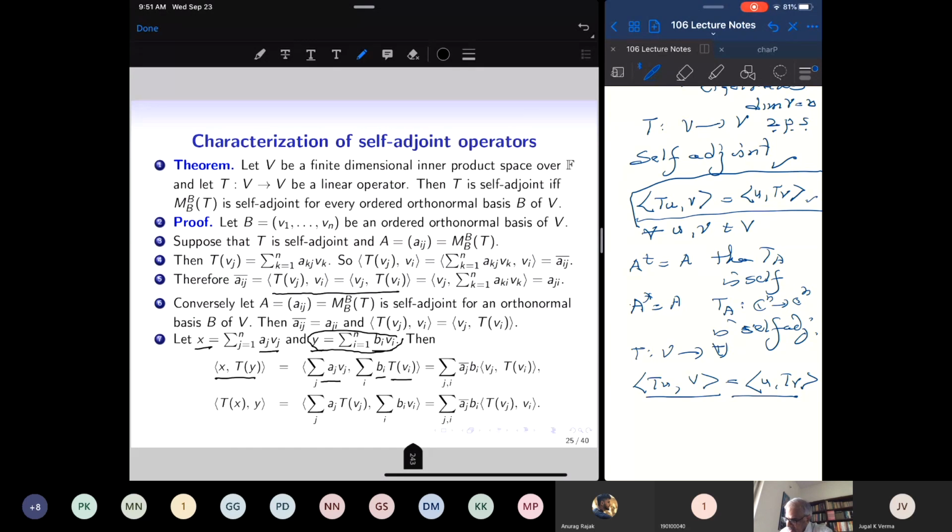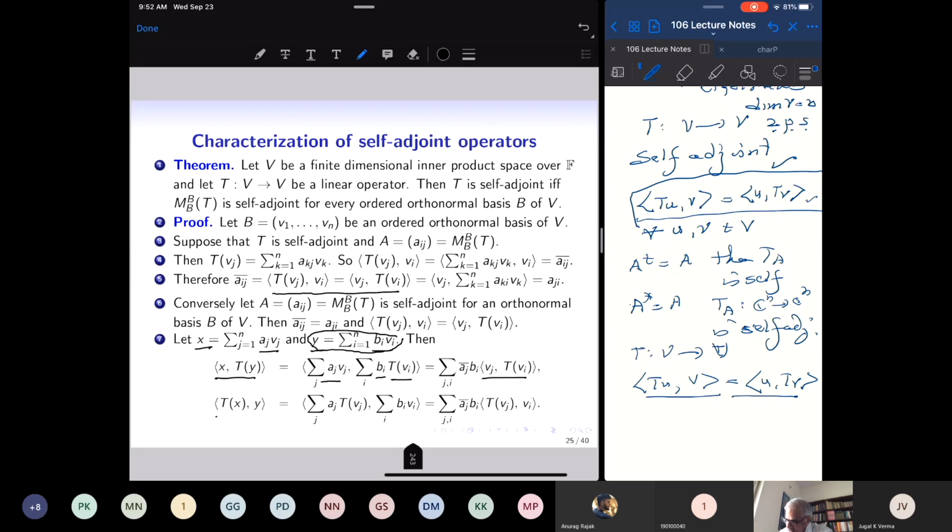By bilinearity and conjugate linearity of the inner product, a_j bar and b_i come out, and I get the inner product of v_j with Tv_i.